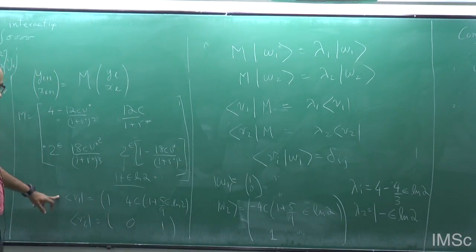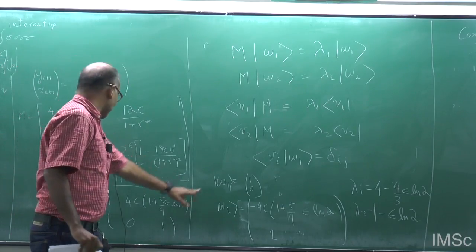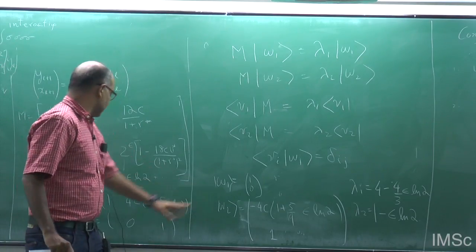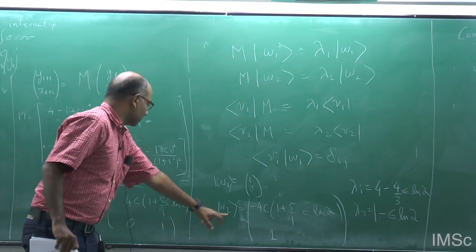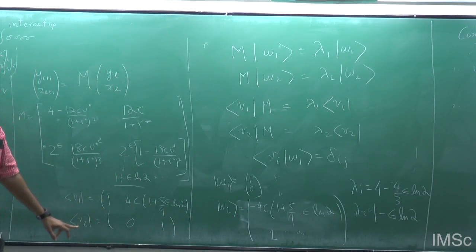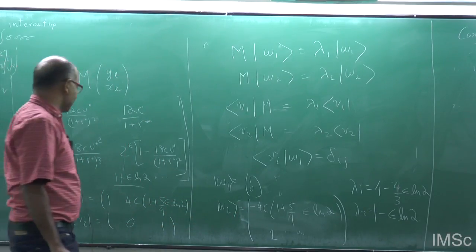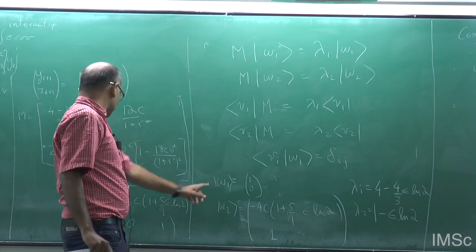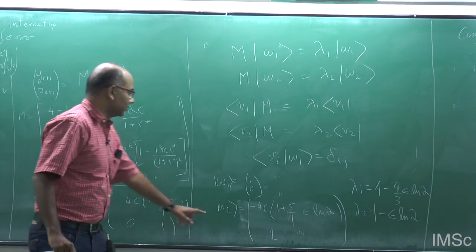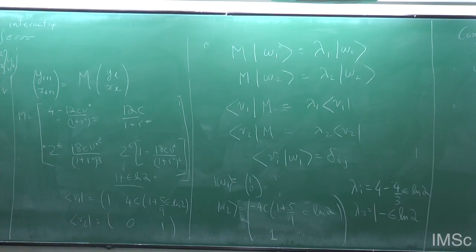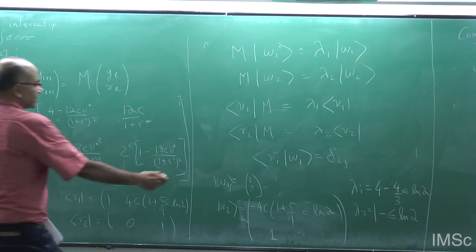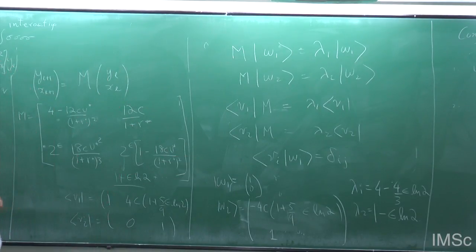You can check that V1 with W1 is 1, which it is clearly, and V1 with W2 is 0 because of that minus sign. Similarly, V2 with W1 is 0, V2 with W2 is 1. So you can check this relation. So is this clear? This is just some algebra, you have to work it out. I'm just giving you the answers.